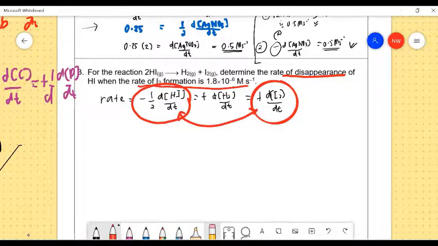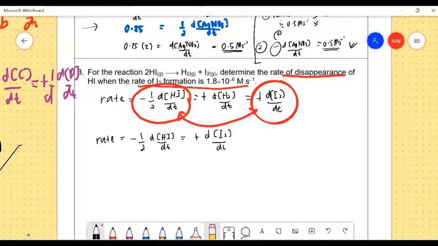Okay, so, I tulis balik untuk menjawab soalan. So, rate equal to negative 1/2 d[HI]/dt equal to positive d[I2]/dt. So, over here, ada dapat 1 mark untuk persamaan differential rate equation.